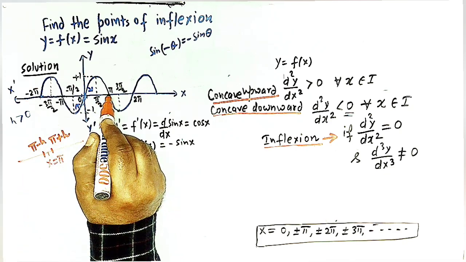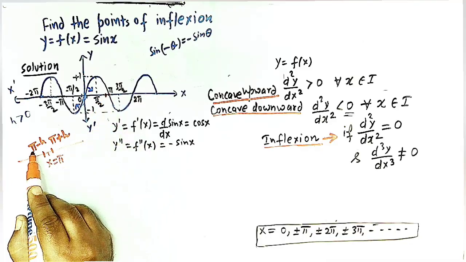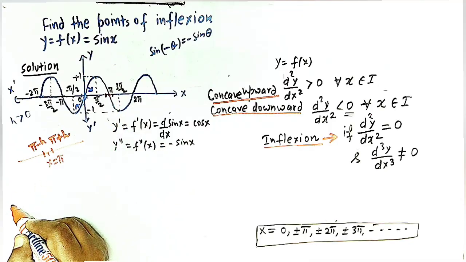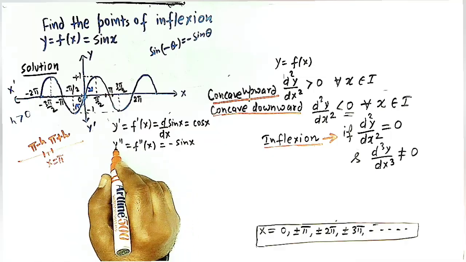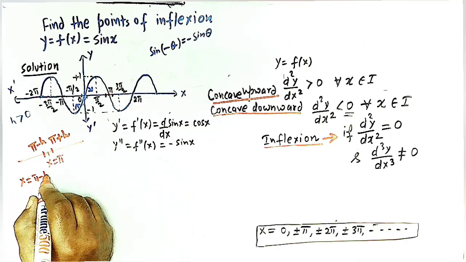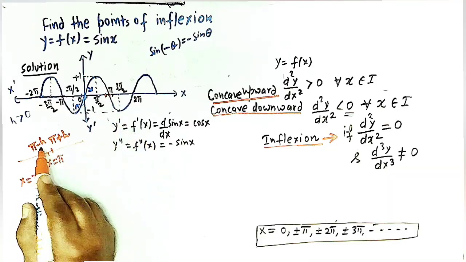So here we have pi. So here we can take this point as pi minus h, and this point as pi plus h, right? So we have now the second derivative at this point, x is equal to pi minus h.